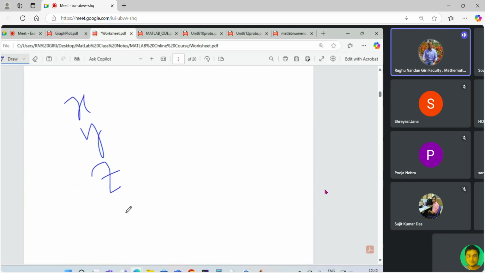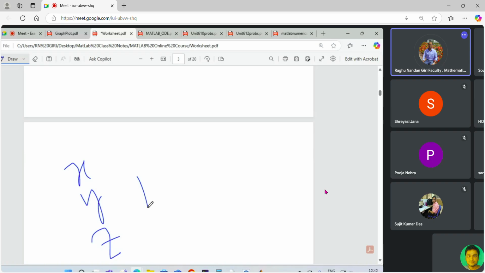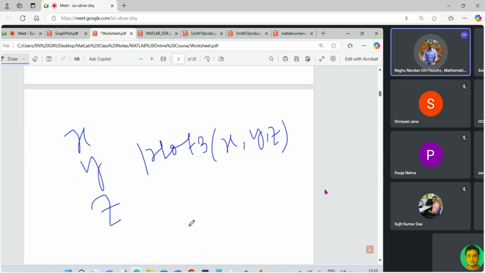Then there is a command plot3 with x, y, z, which shows you the line graph of your data or information.